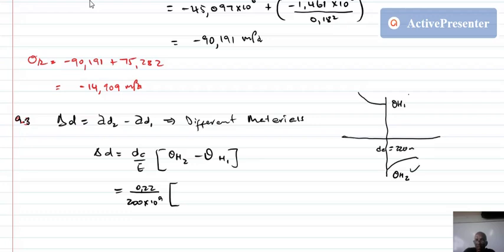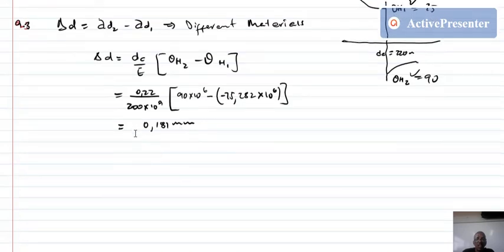So it is this minus that: minus 90 × 10^6 minus the inner one, which is minus 75.282 × 10^6. Here we are given already 90 × 10^6. So that will give you 0.181 millimeters.